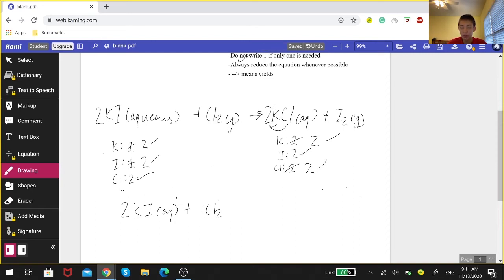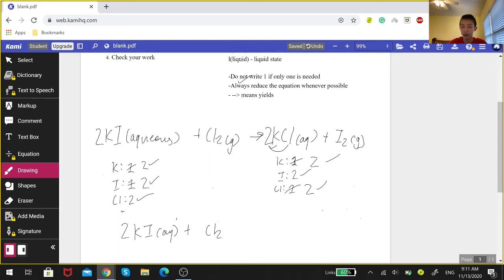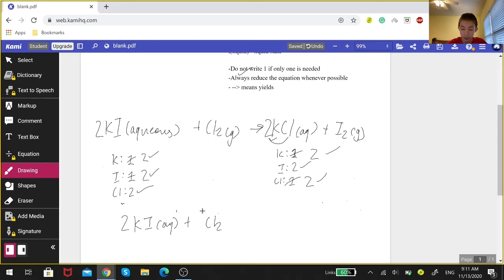But here we only need 2, and we will not write a 1 like I said up here. Again, I will not write the 1. You do not want to write the 1 on the chemistry test.